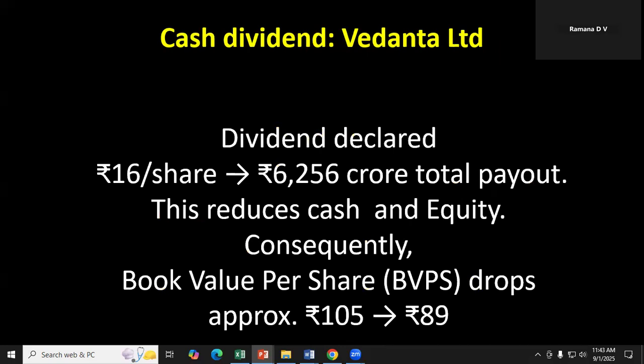The dividend declared reduces the cash and equity, cash outflow, reduction in reserves, and therefore reduction in equity. Consequently, the book value per share has come down from 105 to 89. The Vedanta Limited's book value per share has gone down.